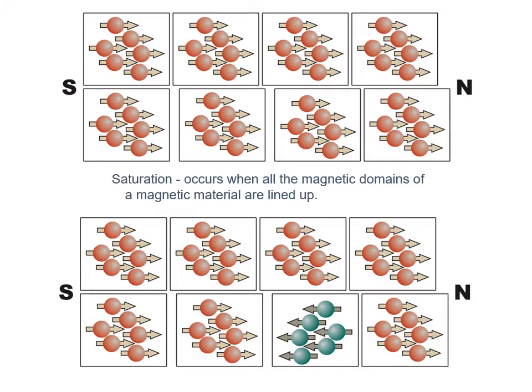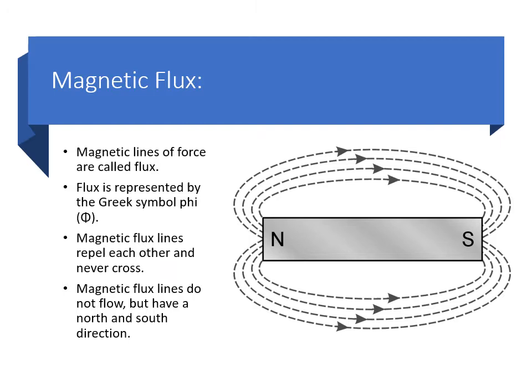And that's when all the possible magnetic domains are all lined up the same way, where if we add more magnetizing force, it will not result in more magnetic output. That's because our material is at its maximum magnetic potential. Maximum magnetic potential is what we call magnetically saturated, or the point of saturation.